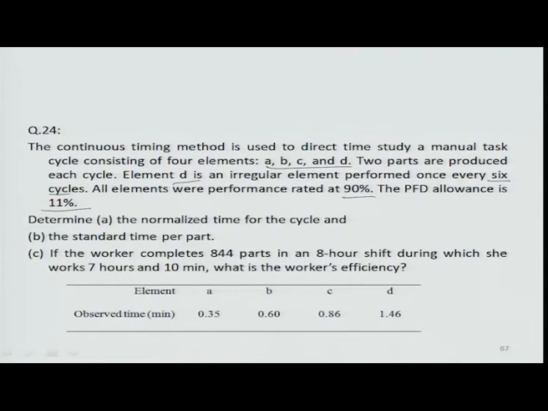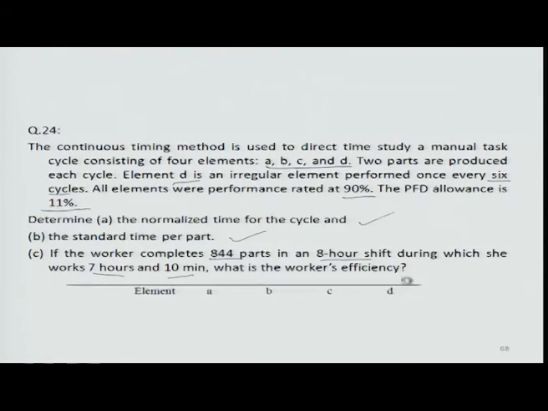So what we will have to calculate: determine the normalized time for the cycle, the standard time per part, and the third part is, if the worker completes 84 parts in an 8-hour shift during which she worked 7 hours 10 minutes, what is the worker's efficiency. First we will calculate normalized time, then we will calculate standard time.